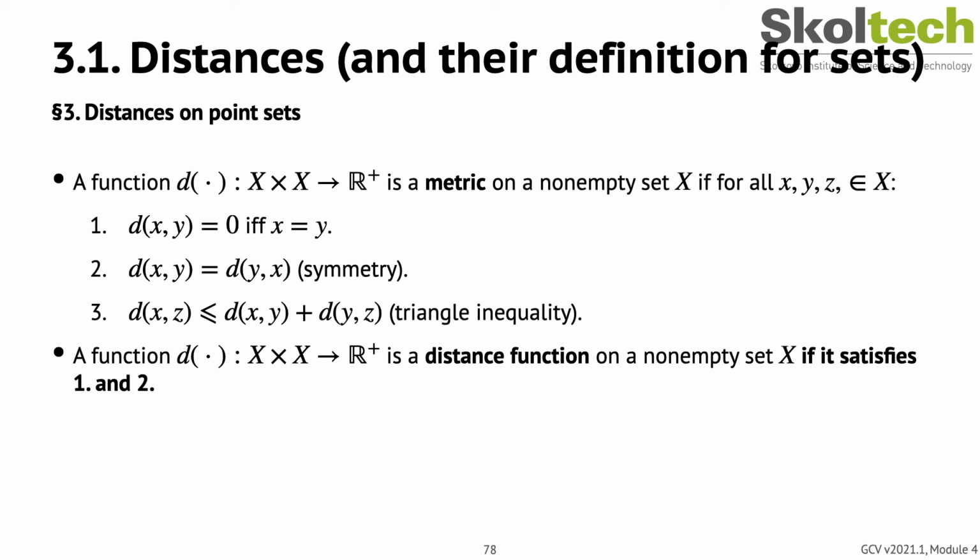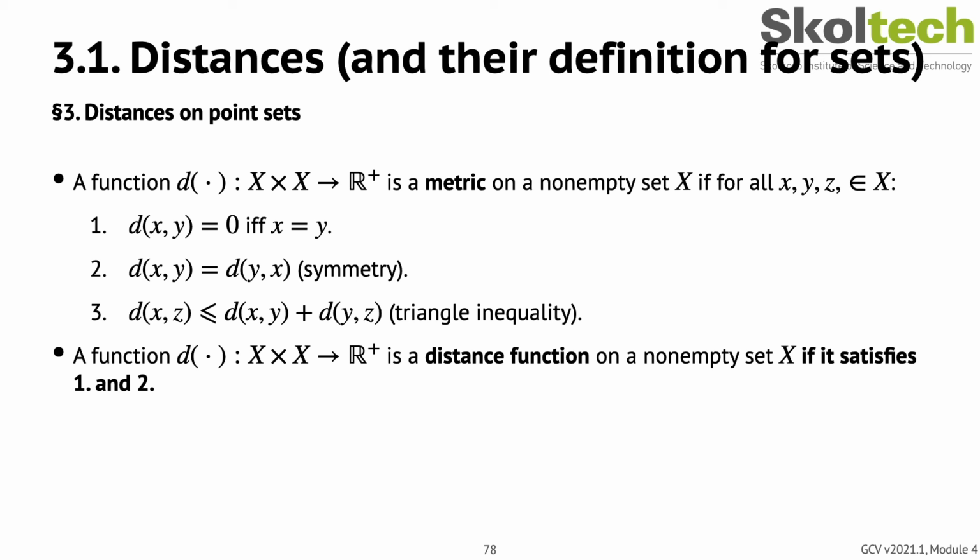Let us first start with reviewing what a metric on a non-empty set is. A function d that maps two elements into a non-negative number is a metric on a non-empty set X if, for any x, y, and z, first, it is equal to 0 only if the two elements coincide. Second, the function is symmetric, meaning that it takes the same value if we swap the two arguments.